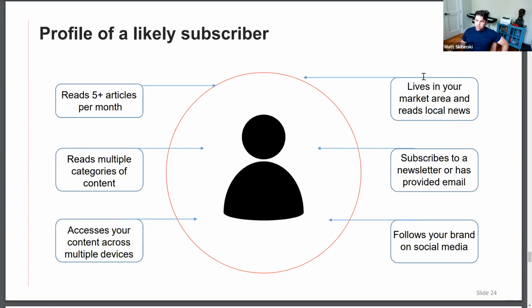A lot of publishers have found that if you just read one section, you're less likely to subscribe than if you're experimenting with different types of content in that publication. Accessing on multiple devices demonstrates a habit and almost a dependency on your content, if somebody's taking the time to access it not just when they get to work, but also maybe at home on their phone or during their commute.